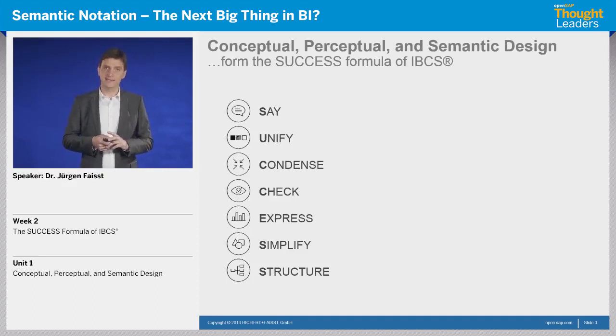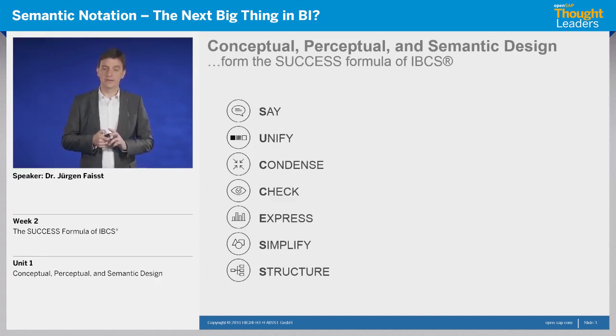It's about say, unify, condense, check, express, simplify, and structure, forming together the acronym SUCCESS. Now let me go through those 7 steps, one after the other, just briefly introducing them, we will go into more detail in the next units.